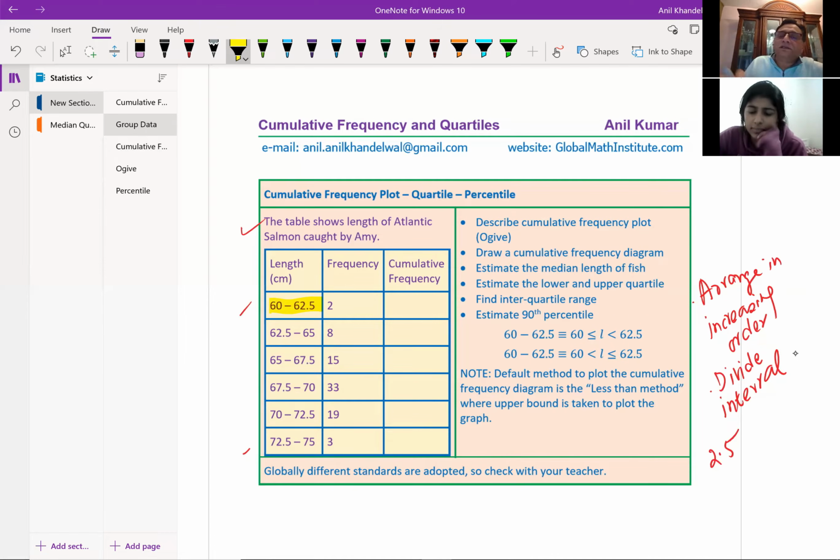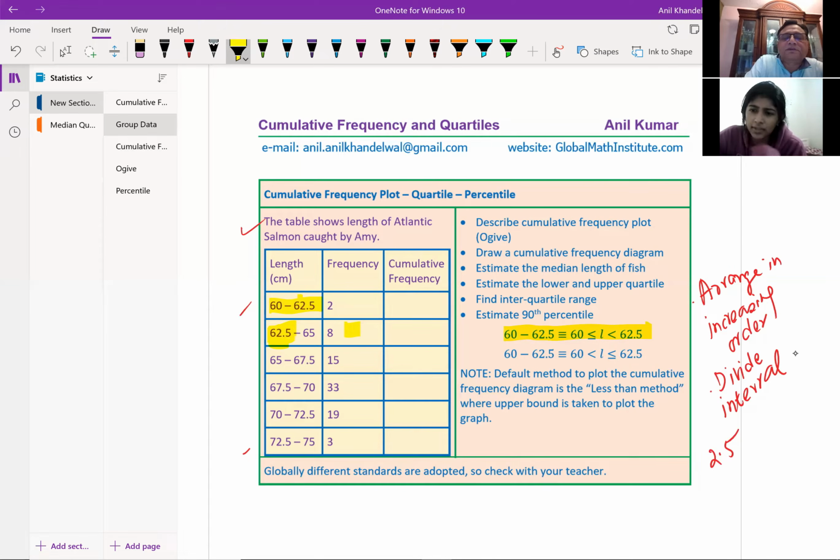Normally, if the length of the fish is 62.5, then we'll consider it in the next interval, not this one. That means interval 60 to 62.5 literally means that the length is greater than or equal to 60, but less than 62.5. Is that clear to you?